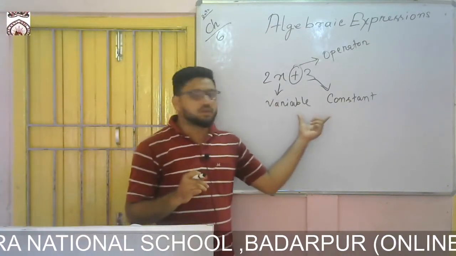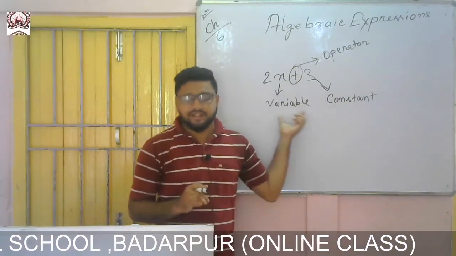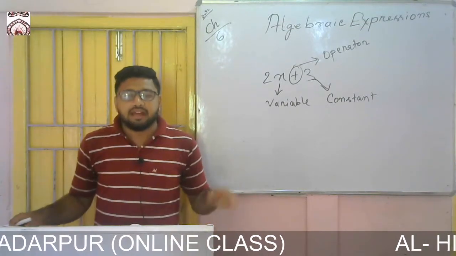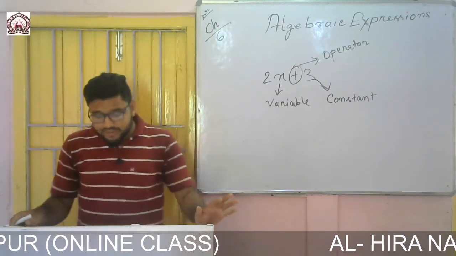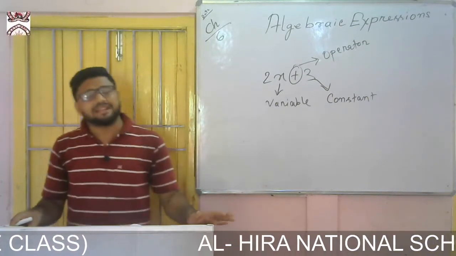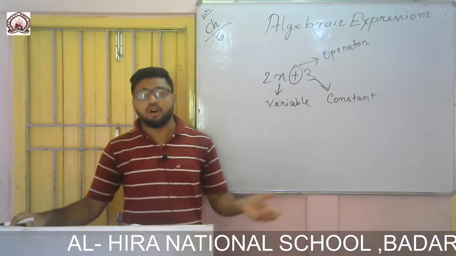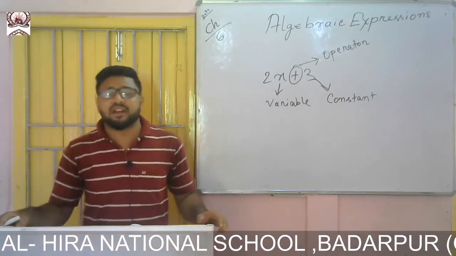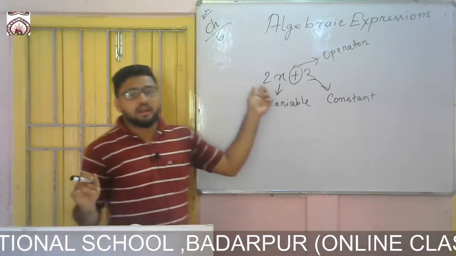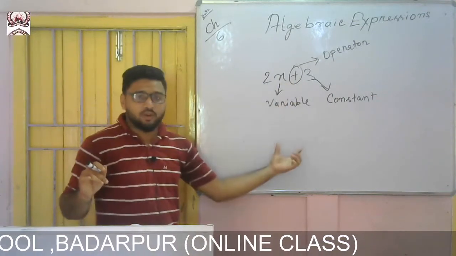Now the two new terms came, that is what? Variable and constant. So what is a variable? A variable is a symbol which can be assigned different mathematical values. That means if I put the value of x as 1, then we'll get one answer.